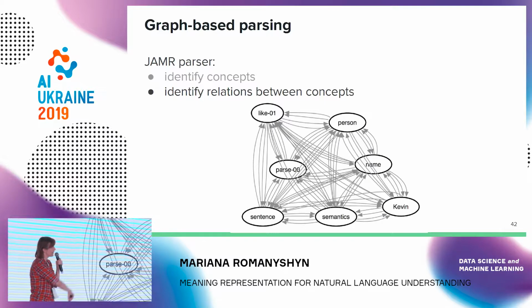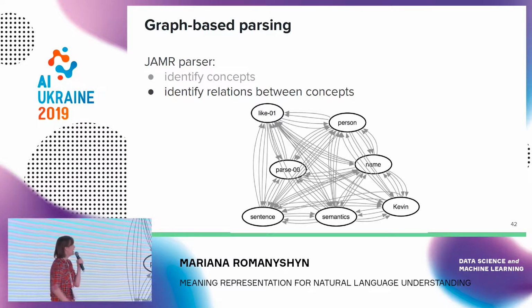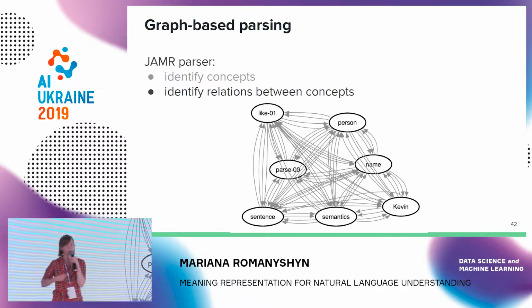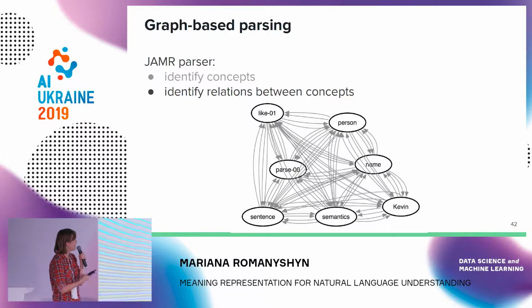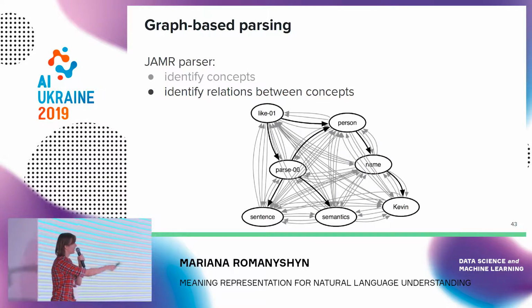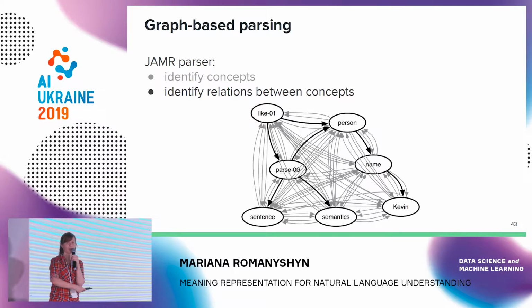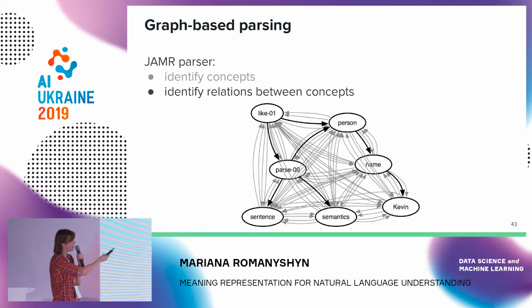Then we can train the algorithm to have weights on our AMR bank, and assign each of these edges a score. After that, we can run a very famous and widely used algorithm for finding a maximum spanning connected graph, to find the highest scoring graph out of this dense graph. And here's our AMR, right?